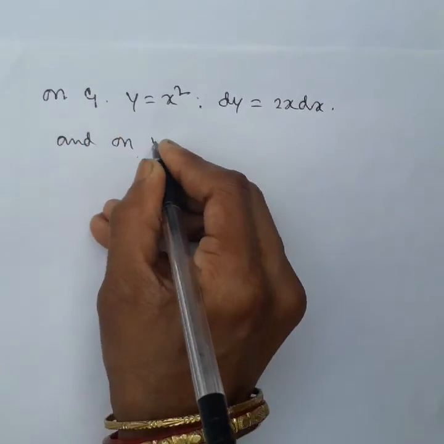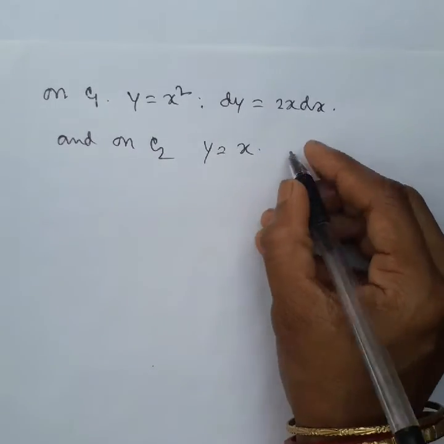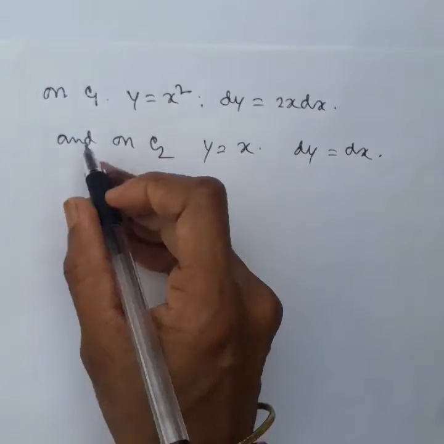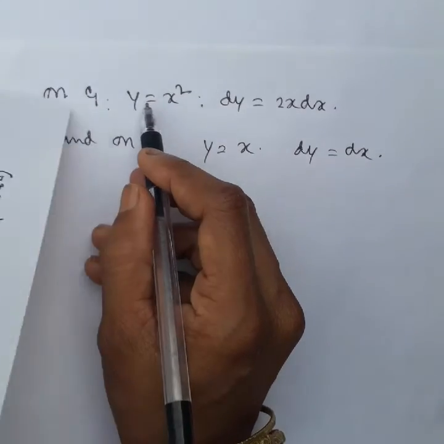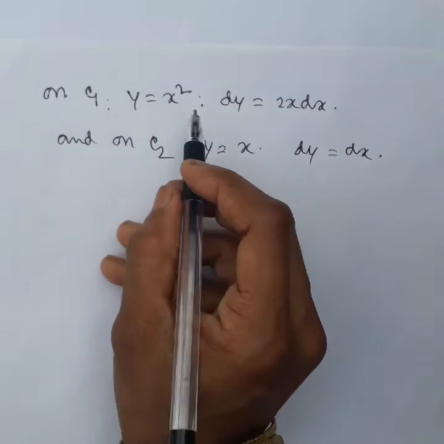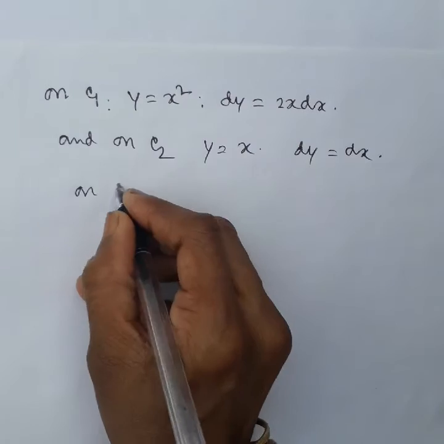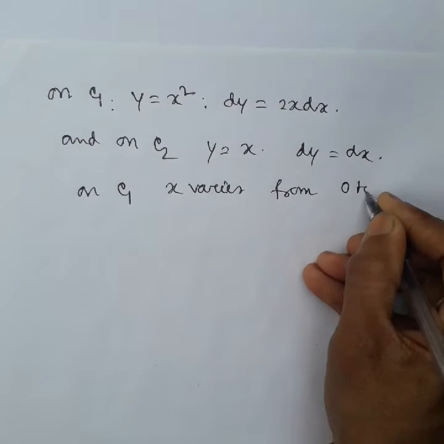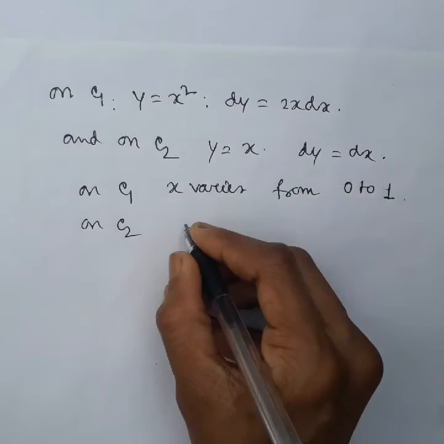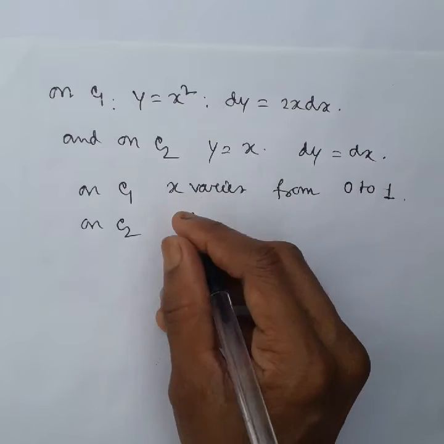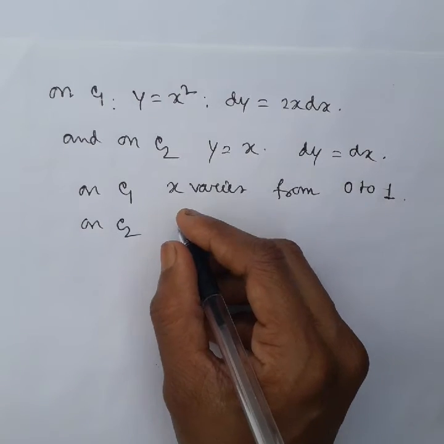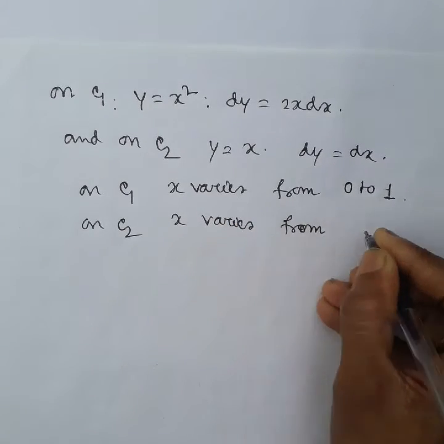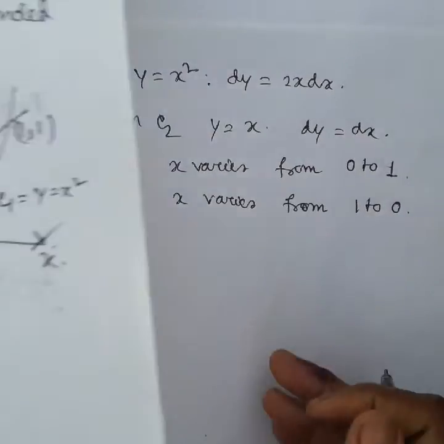On C2, y equals x, so dy equals dx. Along C1, x varies from 0 to 1, and on C2, x varies from 1 to 0.